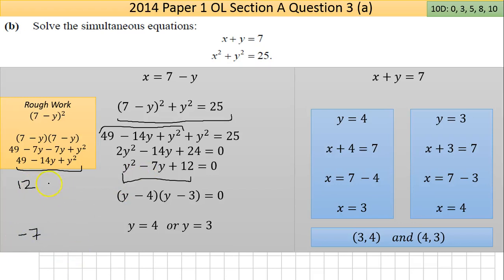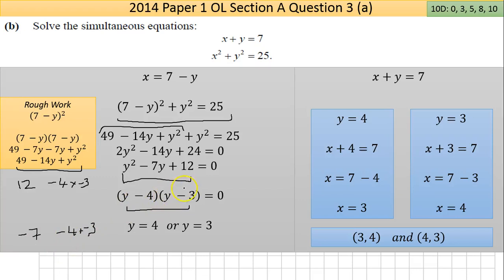Without messing too long, they're going to be minus 4 and minus 3. Minus by minus is plus, 4 threes are 12, and minus 4 plus minus 3 is minus 7. So that's how I found my two numbers.